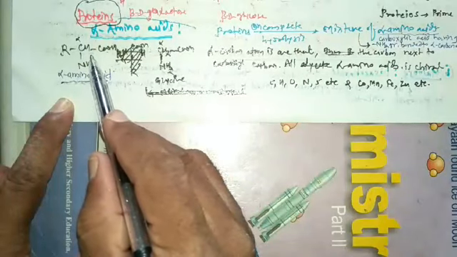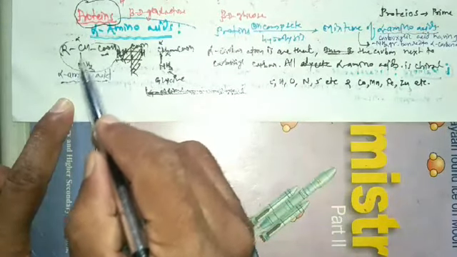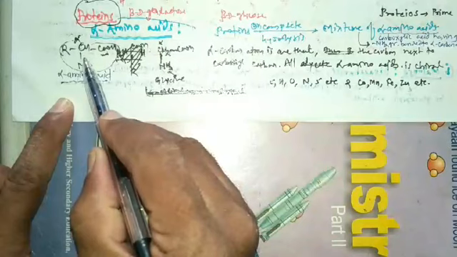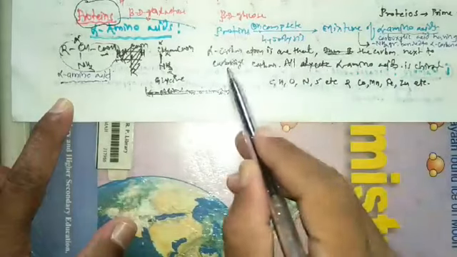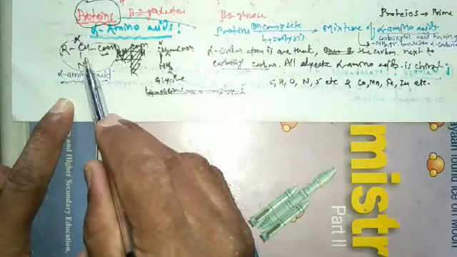The alpha carbon atom is that carbon atom which is next to the carboxyl carbon. That's why this is the alpha carbon atom.